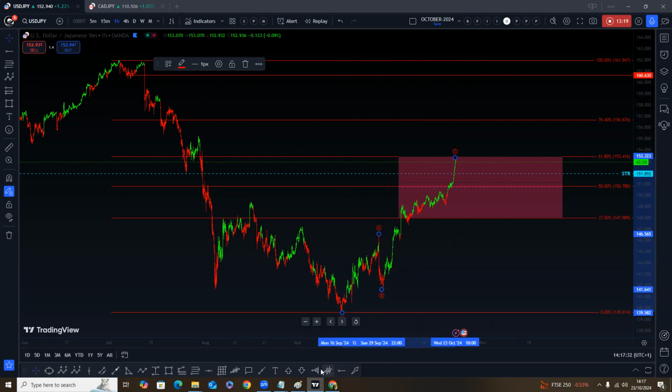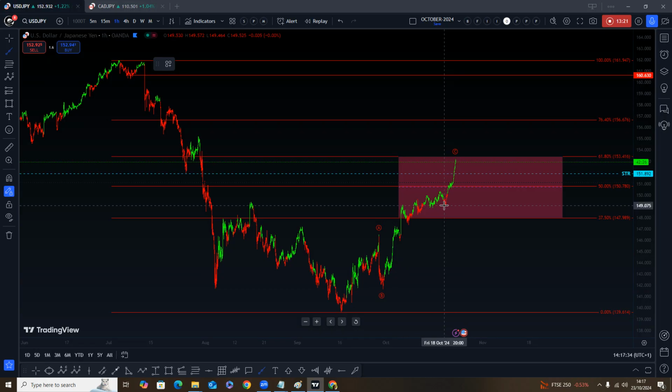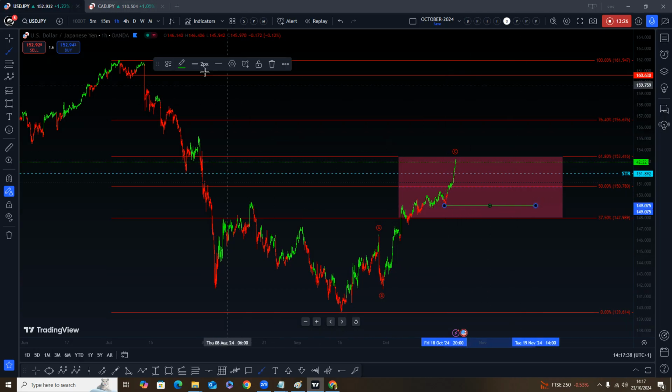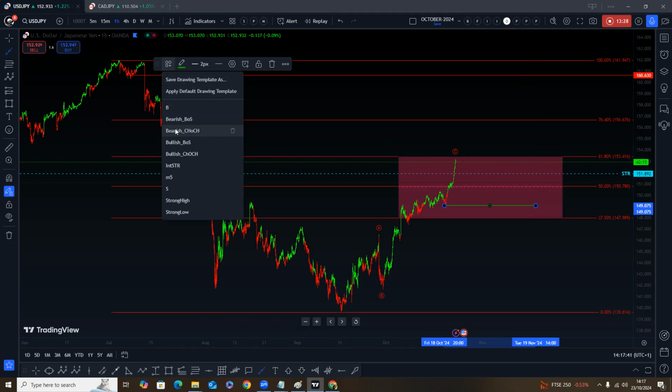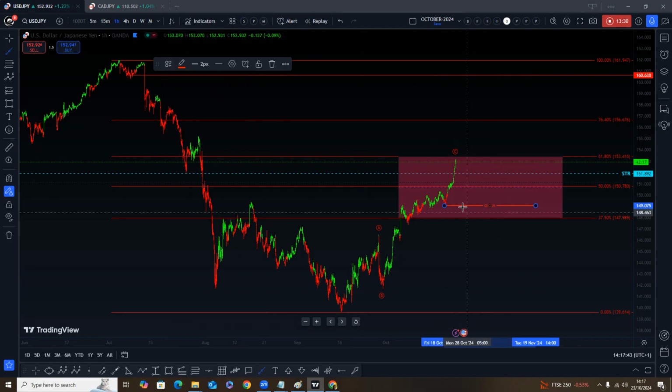The first break point will be here. That will be a bearish change of character. This one here, and that price will be 149.075.